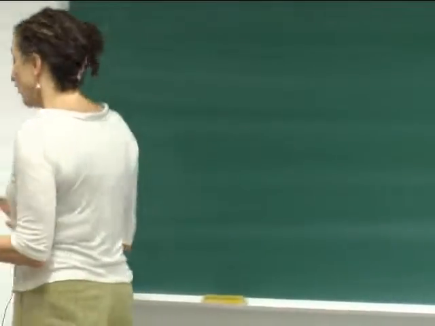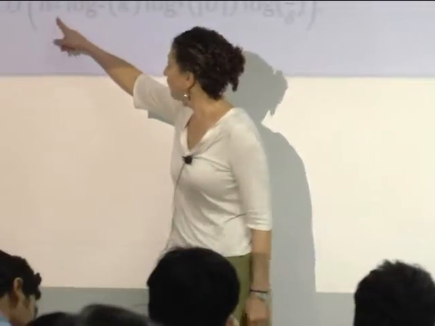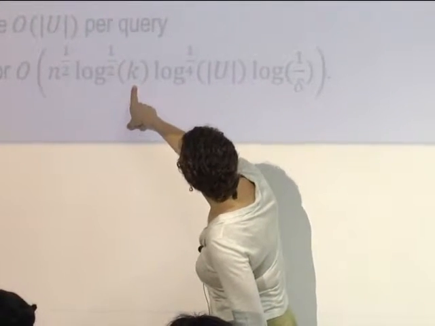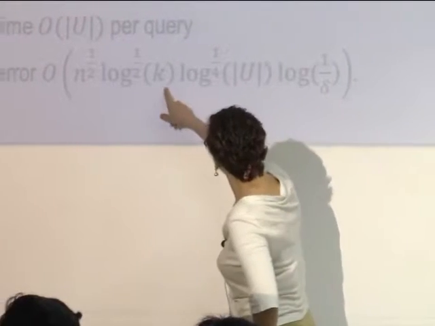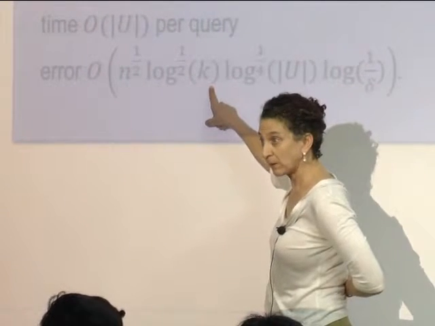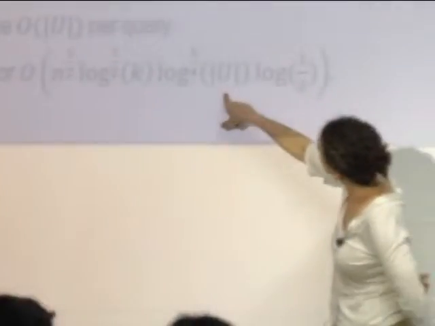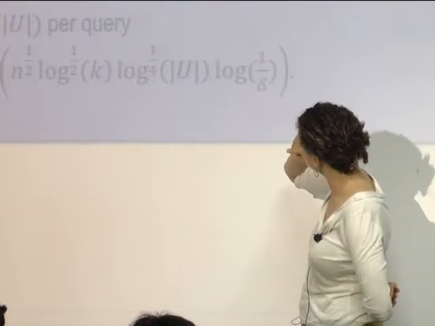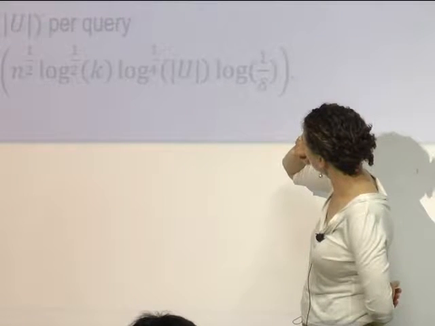And the errors that you get look like the square root of n, the square root of the total number of queries, the fourth root of the universe size, and the log of 1 over delta. Yeah, I think that's right. Okay.